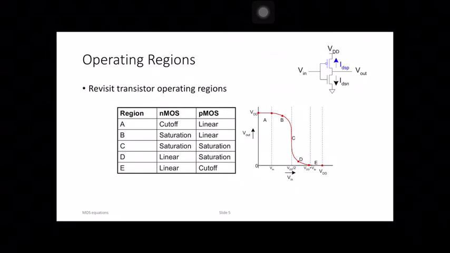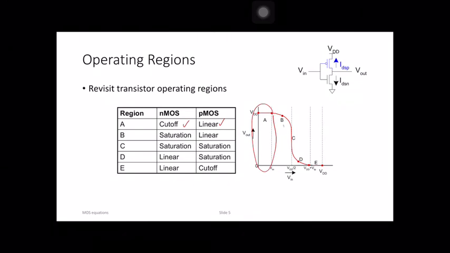Looking at region A, the PMOS is on, so the PMOS is linear and the NMOS is off, in cutoff. In region B, the PMOS, before it turns off, will still be linear, and the NMOS will start to turn on.